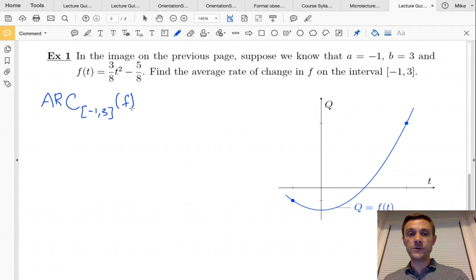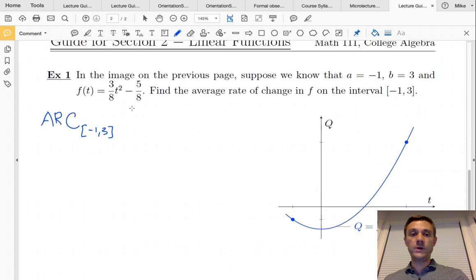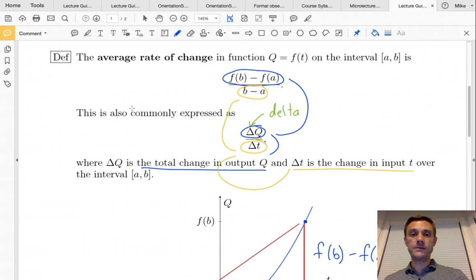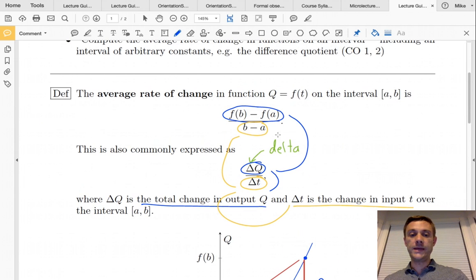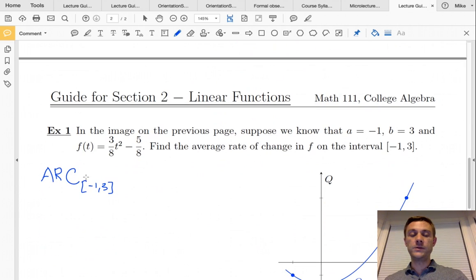I'm going to leave that notation off because I want to be as consistent as possible, and it's just a lot to write. There's only one function, one interval, so we don't need to get super complicated. Probably no risk of forgetting which thing we're talking about.